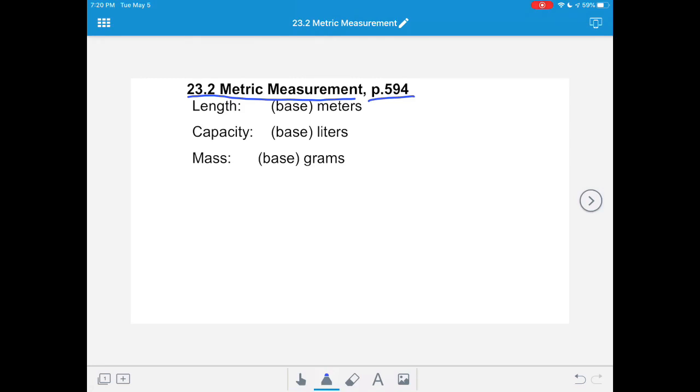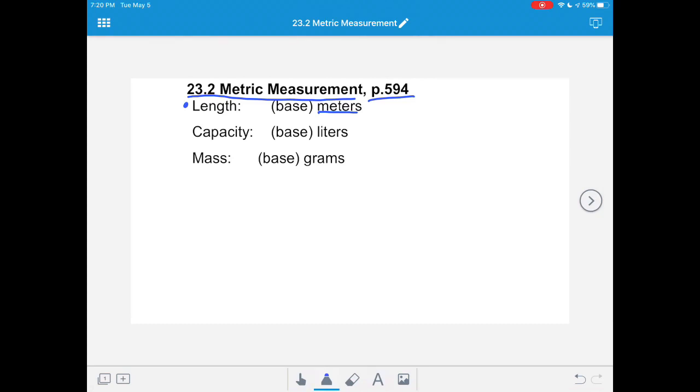Instead of having so many different terms, the terms are very simple because they all start with the same base units. So we're going to first start by taking notes on what those base units are. The base unit for length, so you can write down length, the base unit is meters.